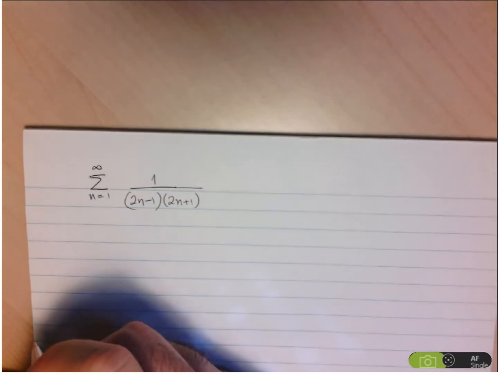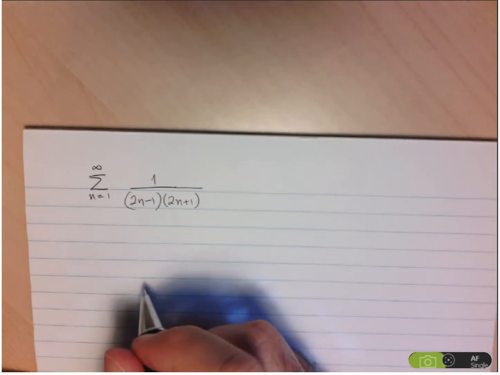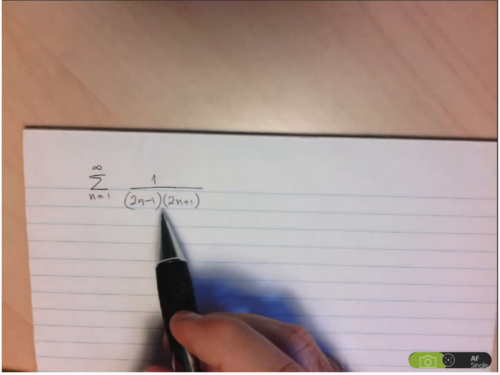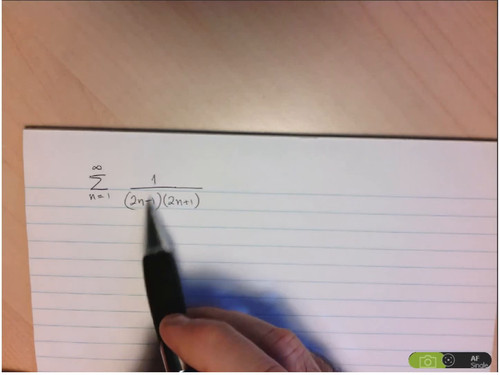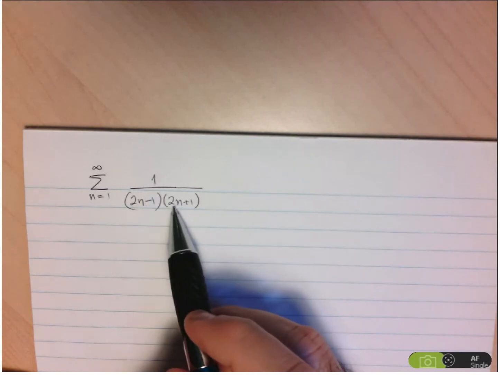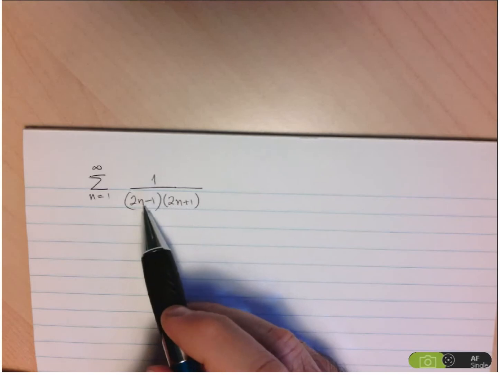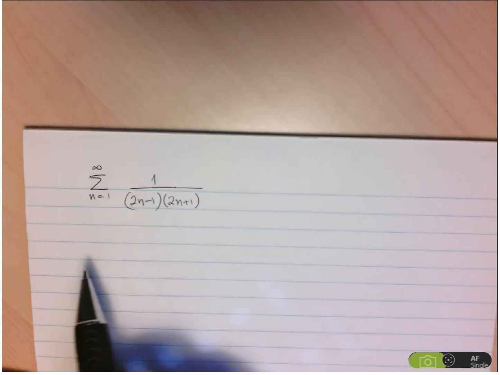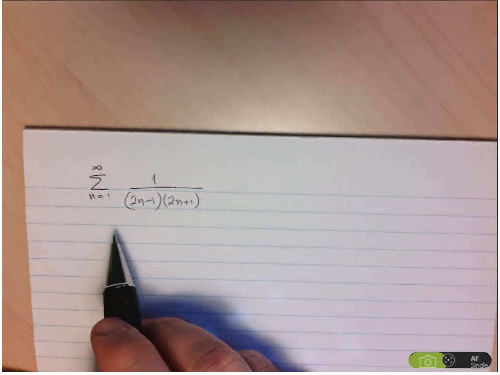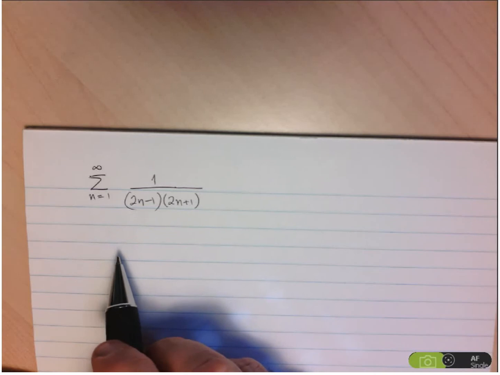Now, if we think of the first few terms, we'd have 1 over 1 times 3 plus 1 over 3 times 5 plus 1 over 5 times 7. That doesn't seem to quite give us what we had in the previous scenario.